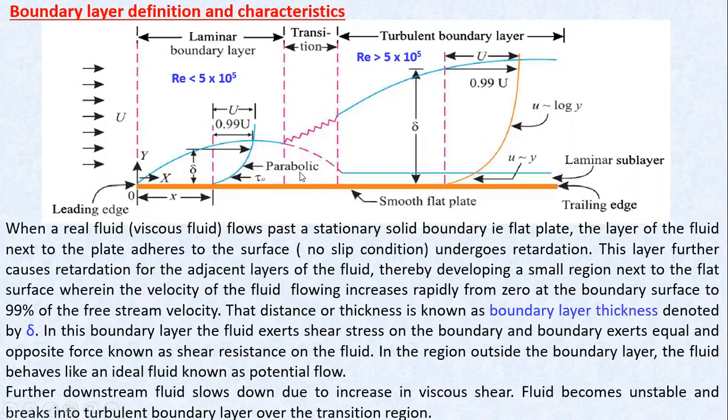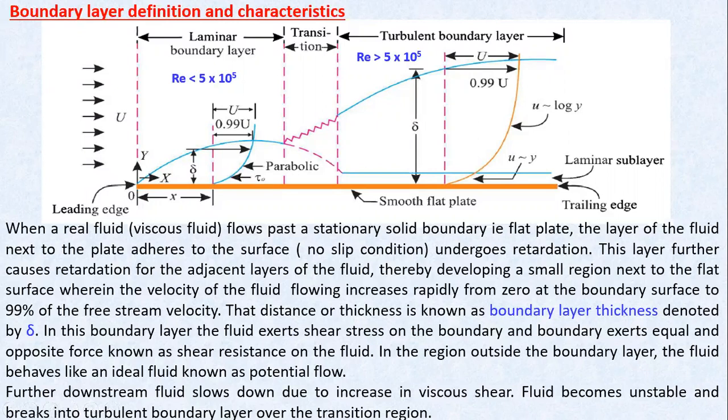That means the shear force is applied to pull the layer of the fluid or to reduce the velocity of the fluid. So in this way, each fluid layer next to it will have a pulling effect or the retardation effect.